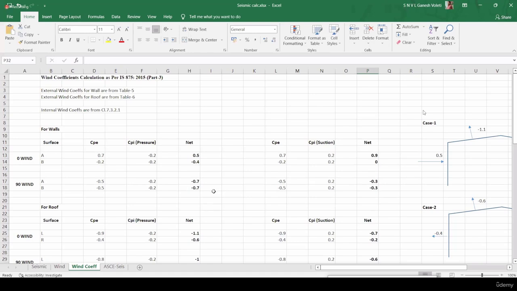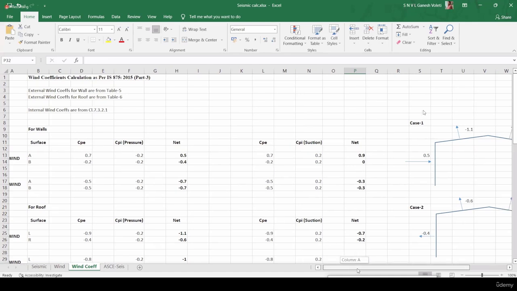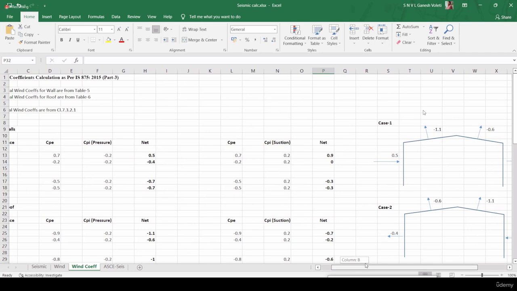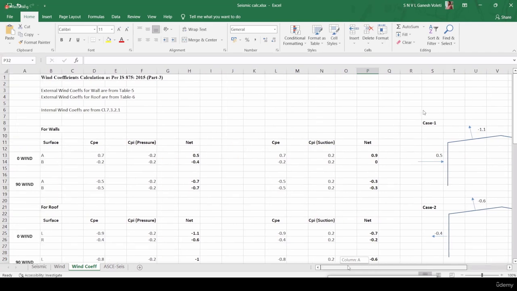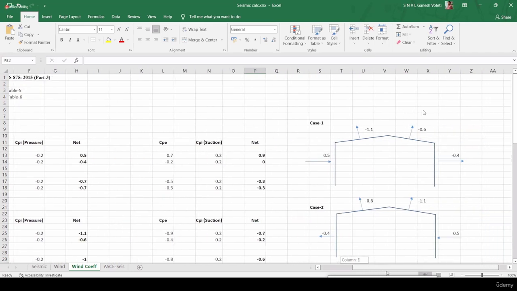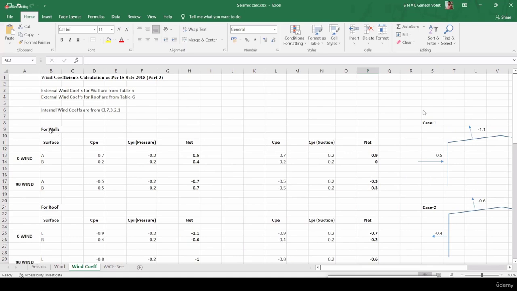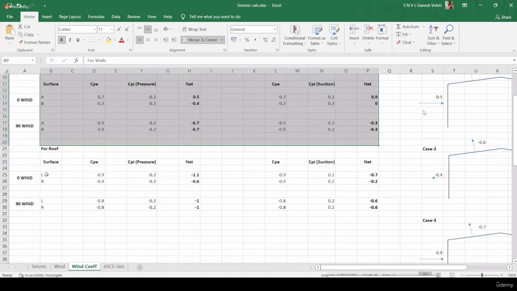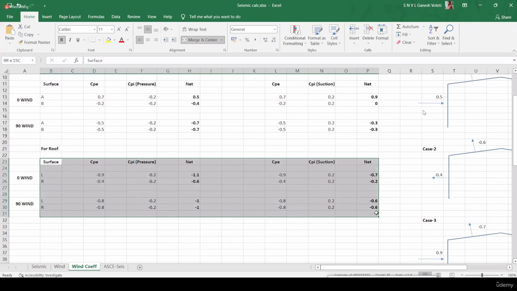Now, how do we apply these wind coefficients to a frame? Our aim is to design a frame in a building. I'm again telling you, these coefficients are for walls and these coefficients are for roof only.